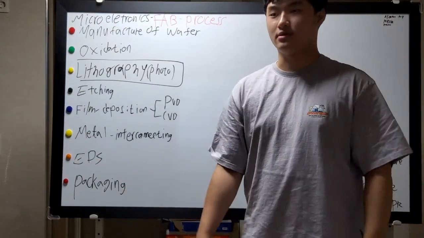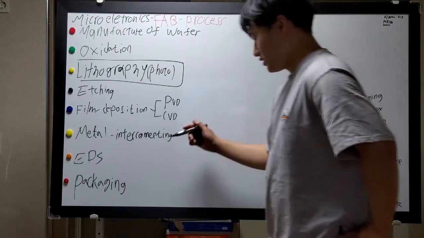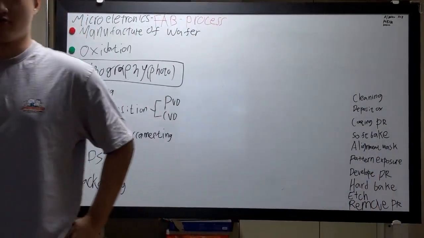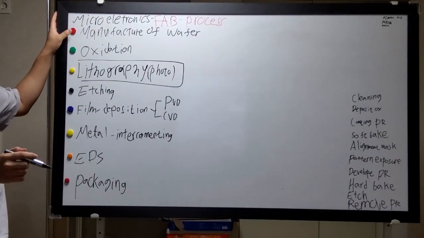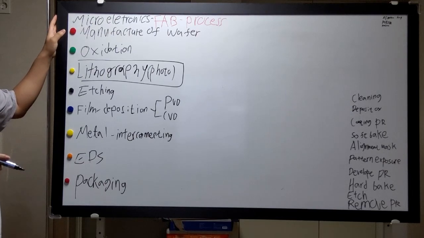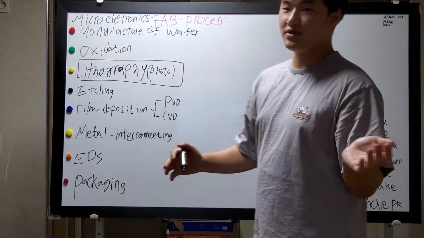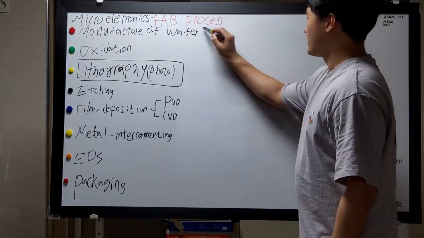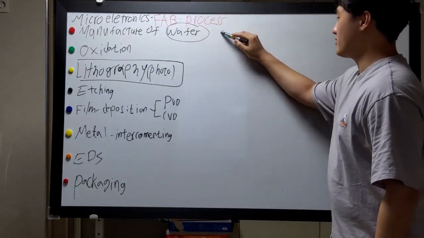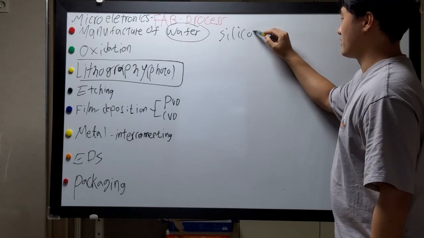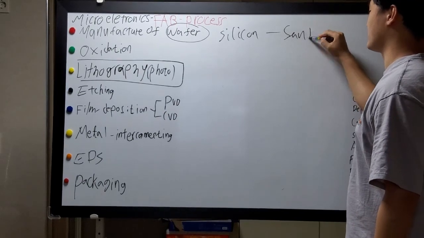Anyway, so let's see. The fabrication process of the semiconductors typically has several steps. First, making or manufacturing the wafer. The wafer's main material is silicon that came from sand.